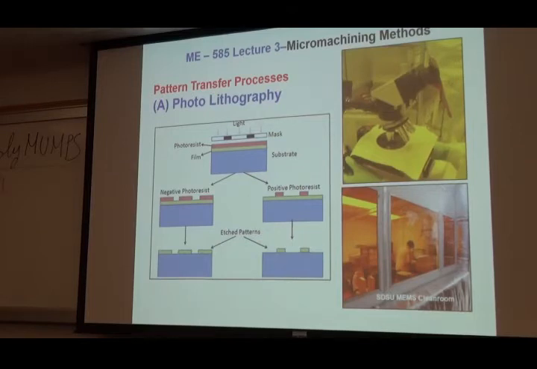Yes? Would you expose negative photoresist to light before you bake it? With positive photoresist, yeah. Can you bake it immediately? First you want to pattern, right? Because in patterning, remember, the whole idea is I want features.